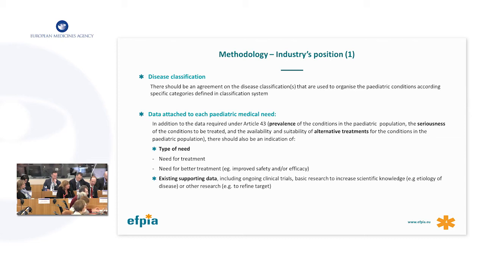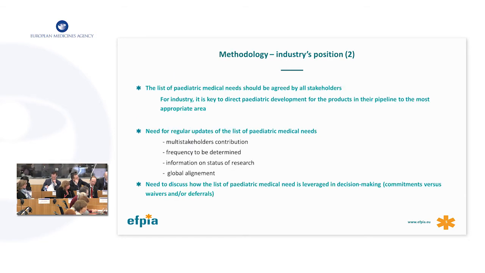In addition, existing supporting data, including ongoing clinical trials, basic research to increase scientific knowledge, for example, etiology of the disease, and other research, e.g., to refine targets. The list of pediatric medical needs should be agreed by all stakeholders.